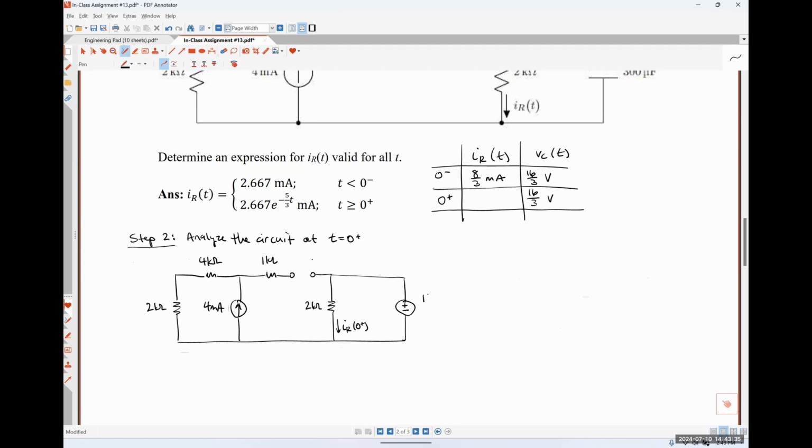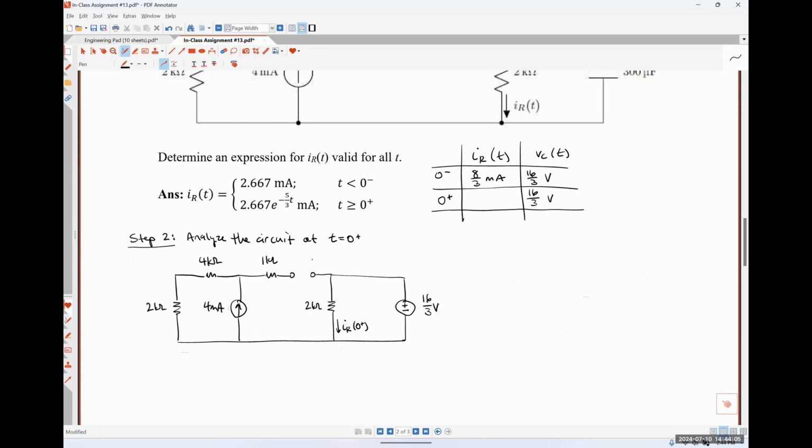That would be 16/3 of a volt, positive polarity on top, negative polarity on bottom, like so. The reason I can do this is because at this very specific instant in time, our capacitor is functionally identical to a voltage source. It's providing a fixed amount of voltage regardless of whatever current is flowing through it. Okay.